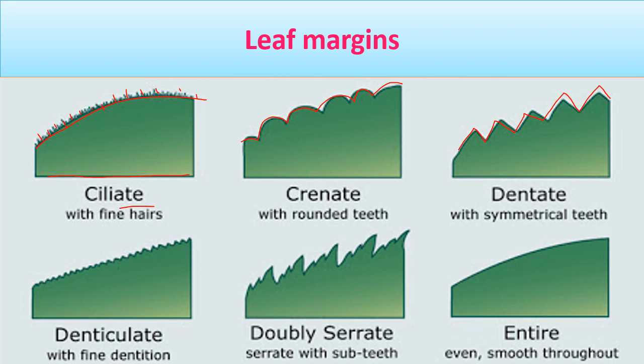Then this is denticulate, fine pointed. This is doubly serrate. This is actually called serrate, but within that it has multiple serrate structures, hence it is called biserrate. If you see, this is continuous, so this is called an entire margin. You can watch this video repeatedly to learn these concepts neatly.